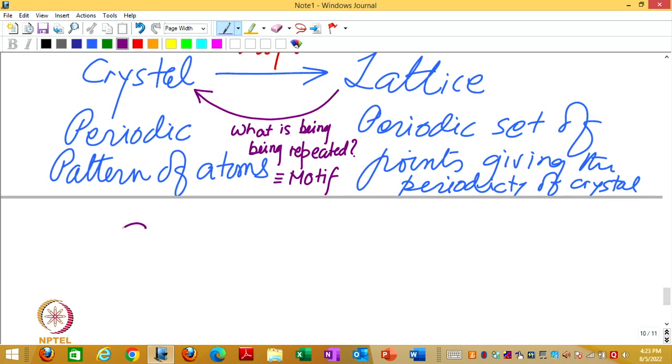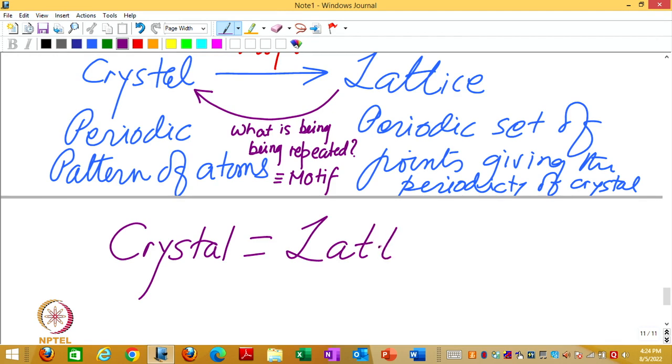So, a sort of mathematical equation, because we like mathematics, although this is not an ordinary plus, we write crystal is equal to lattice, which gives the periodicity, plus motif, which gives what is being repeated.